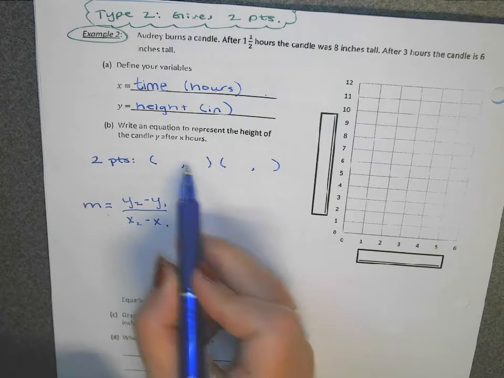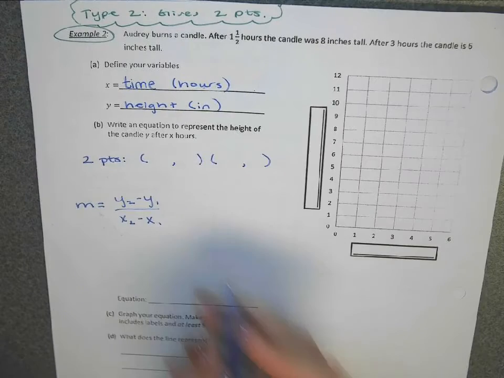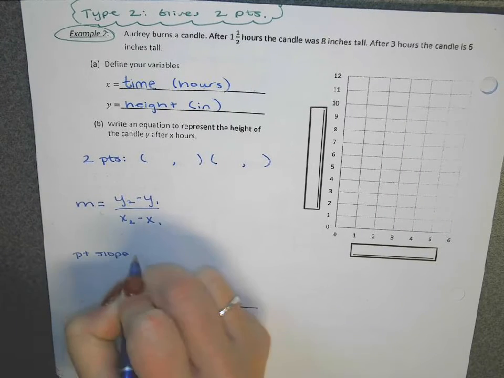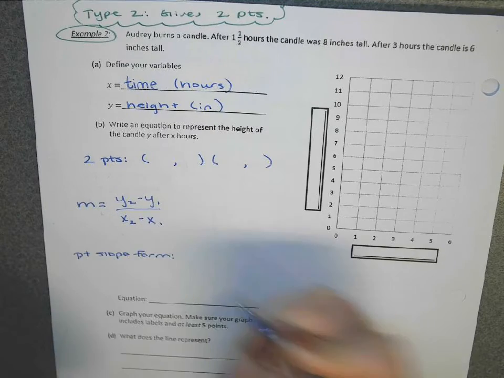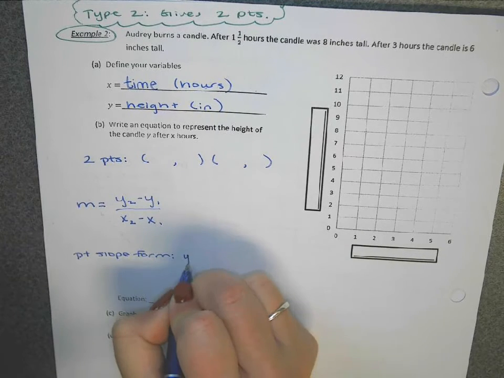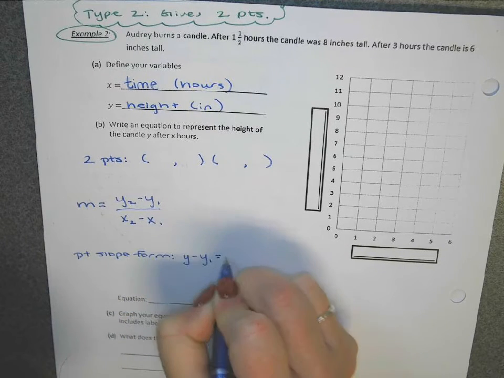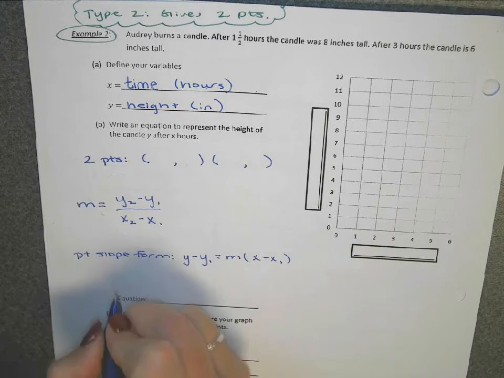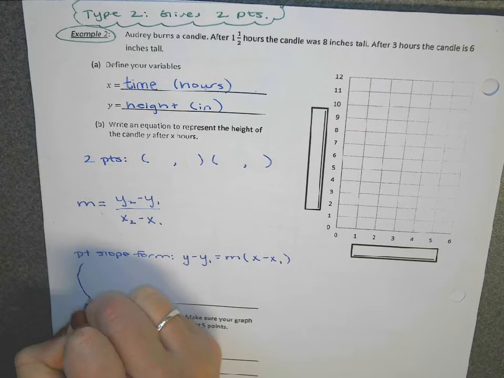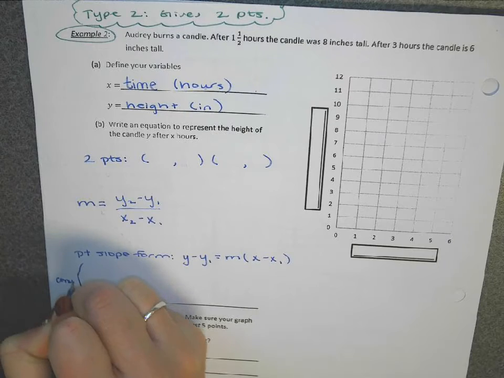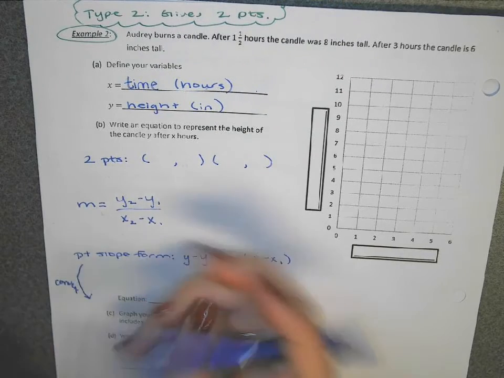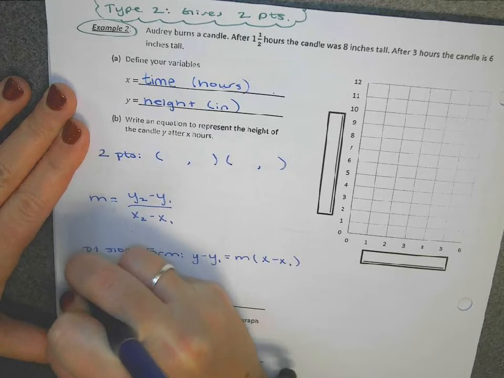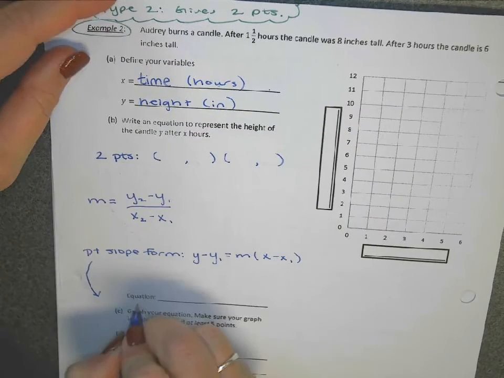Then we'll have 2 points and a slope. We'll write it first in point slope form, which is y minus y1 equals m times x minus x1. And then we'll convert to slope-intercept form, because that's how we're always going to write our equations here.